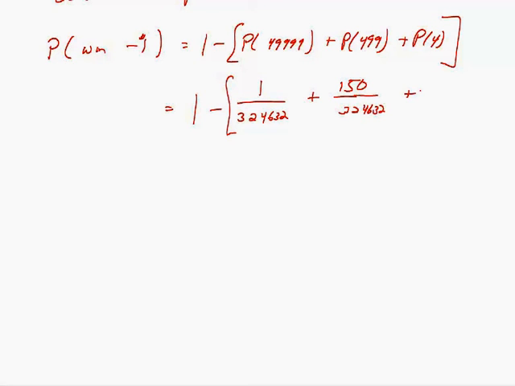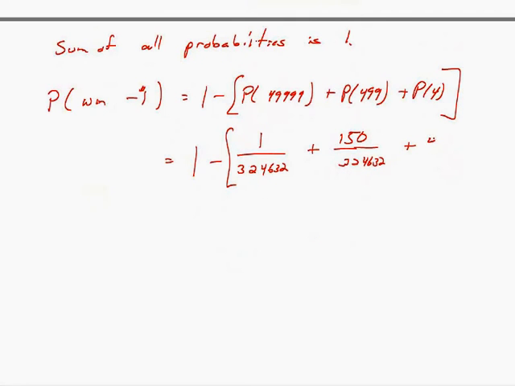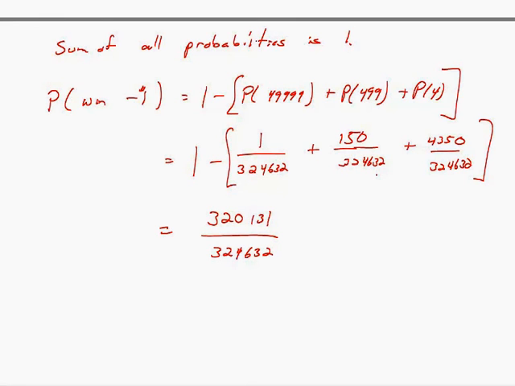And the probability of $4, which we just found, was 4,350 over 324,632. I'll be right back after I simplify it. This gives me a result of 320,131 over 324,632. That's just 1 minus the sum of these 3 fractions, so you can verify that.